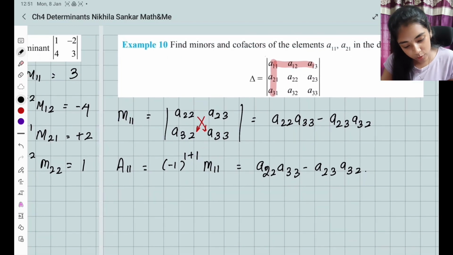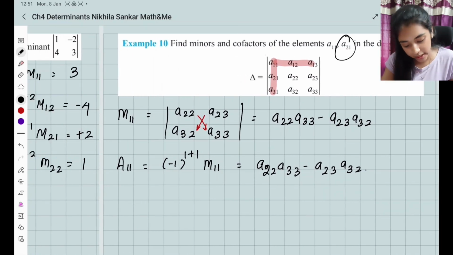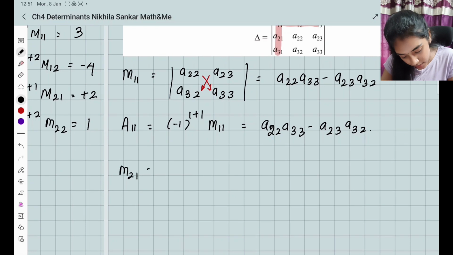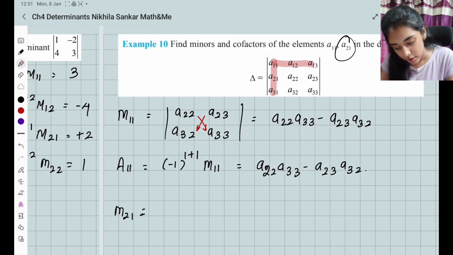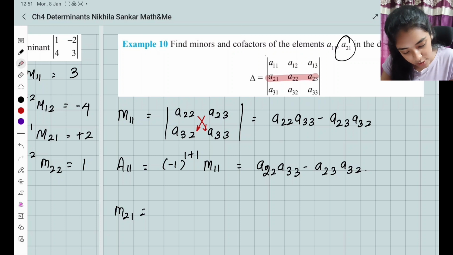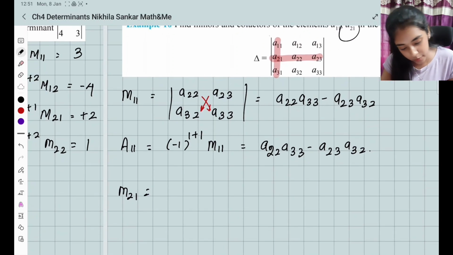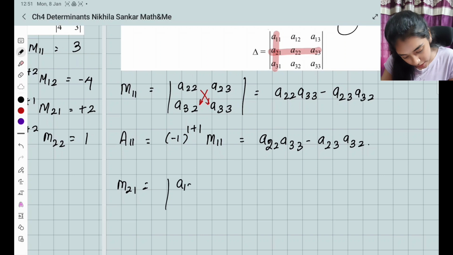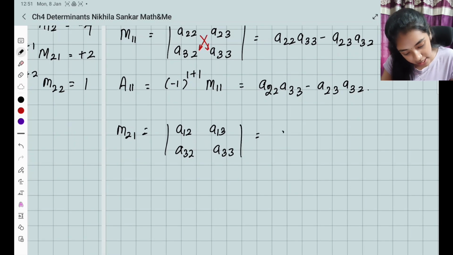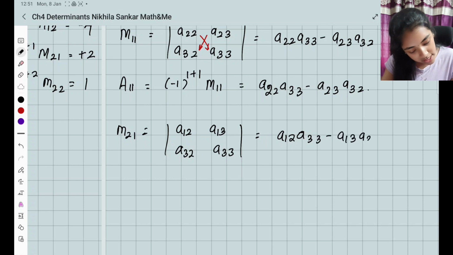Okay, so M11 முடிஞ்சது. What is the other element? A21 கேட்கறாங்க. So M21 is going to be, which is 21. Now A21 na, I have to hide this particular row and this particular column. So I'll be left with A12 A13 A32 and A33. Now when I find the determinant, it is going to be A12 times A33 minus A13 times A32.